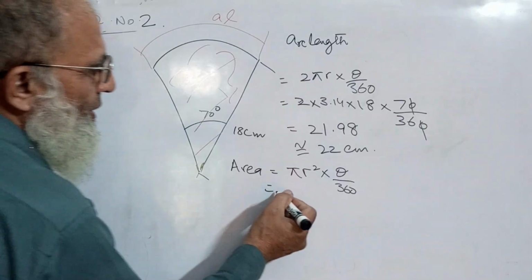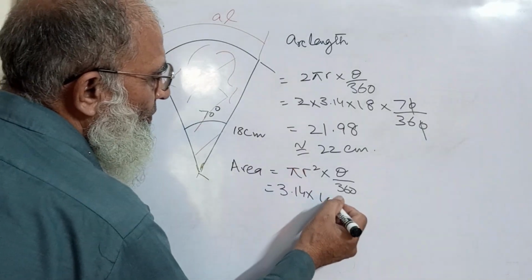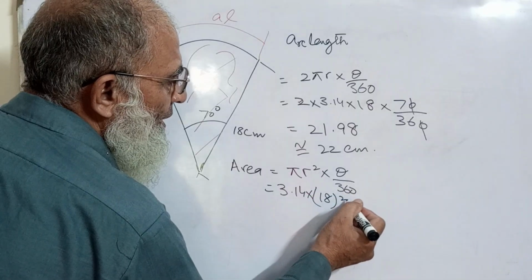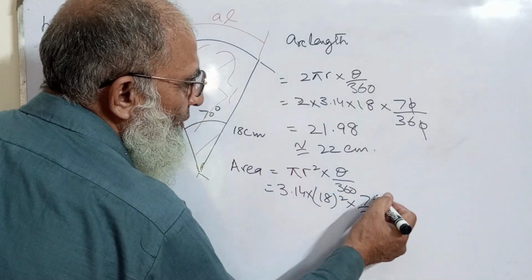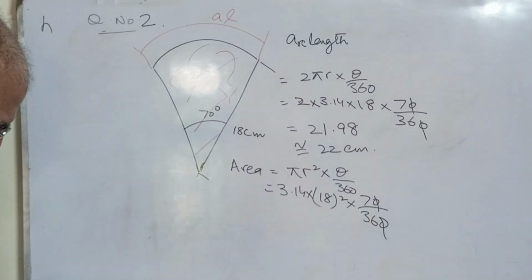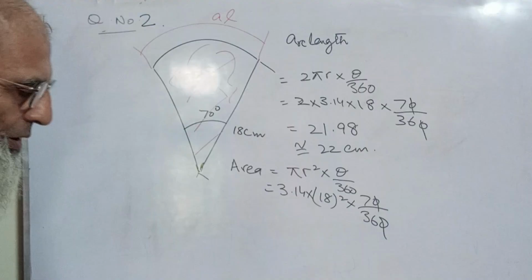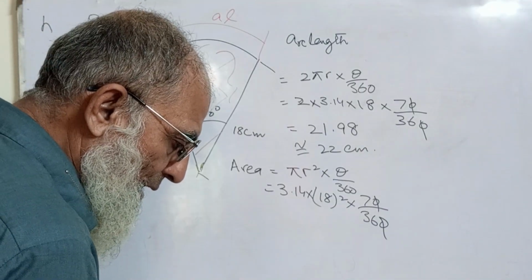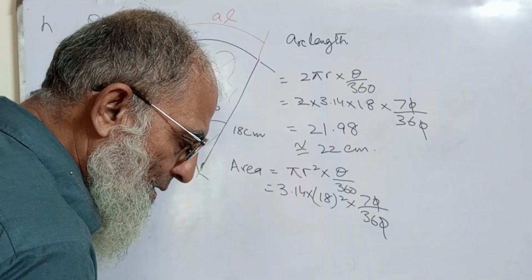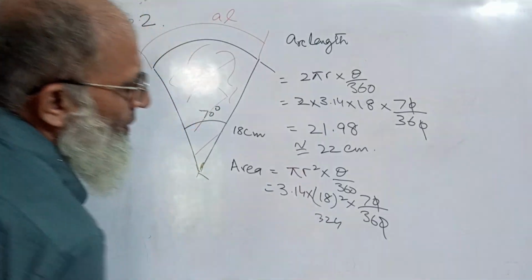Okay, and this is pi, 18 the whole square, multiplied by 70 upon 360. This 0 will go with this one, and for the rest, we'll find the square of 18. 18 square is 324, so this is 324.